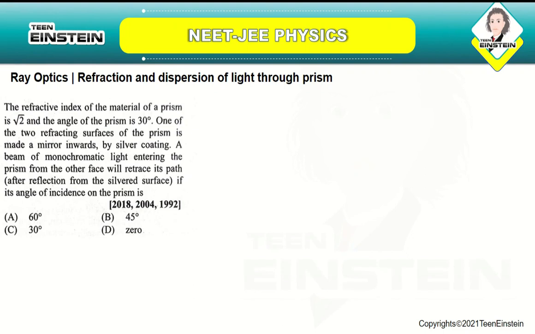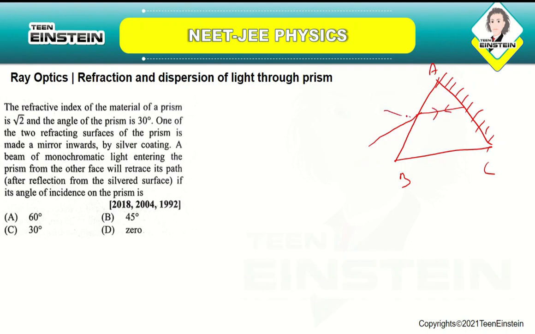So, here the ray will retrace its path from the mirror if it falls normal to the surface of the mirror. Okay. So, you will be having it like this and you are having this prism over here. So, you will be having A, B and C. So, here it is passing like this and you will be having a refraction and this is around 30 degrees.